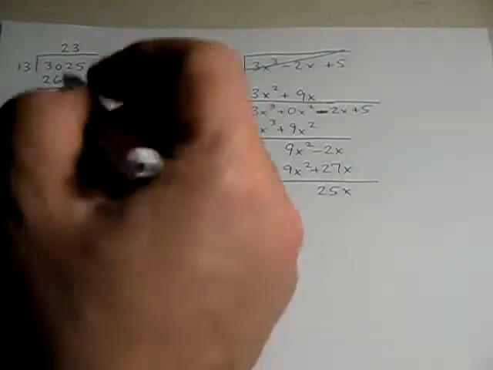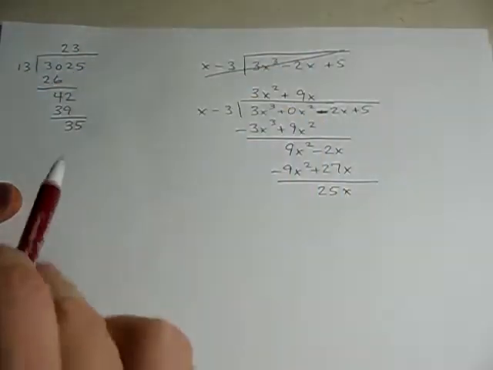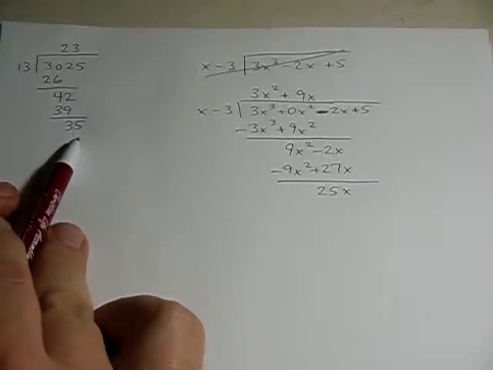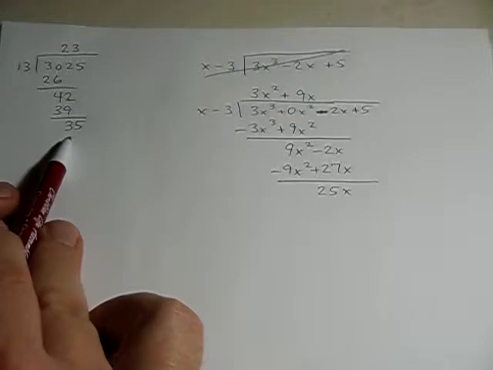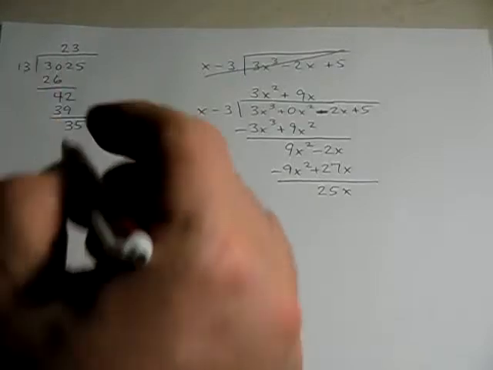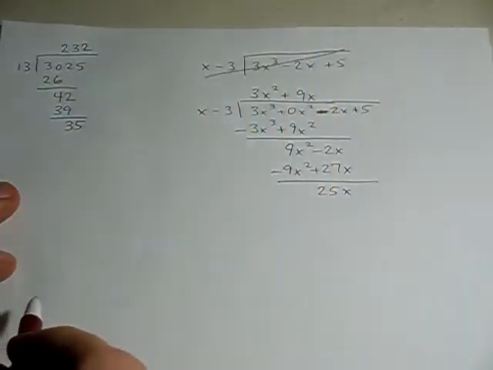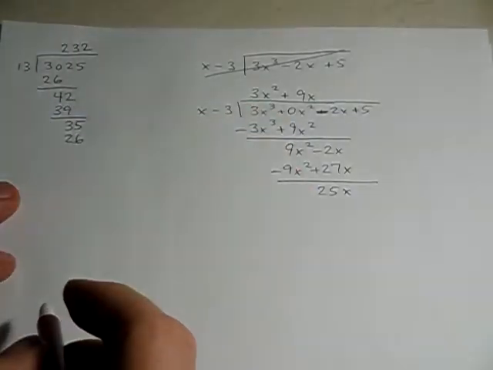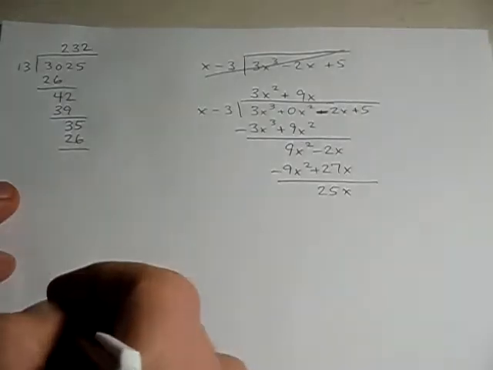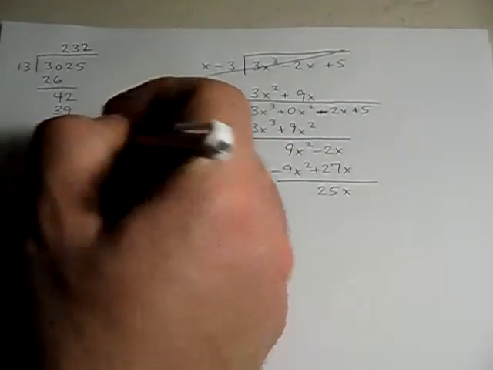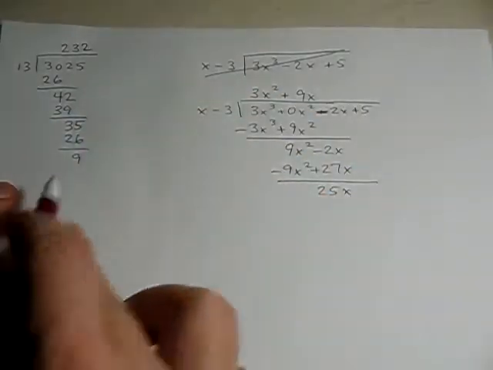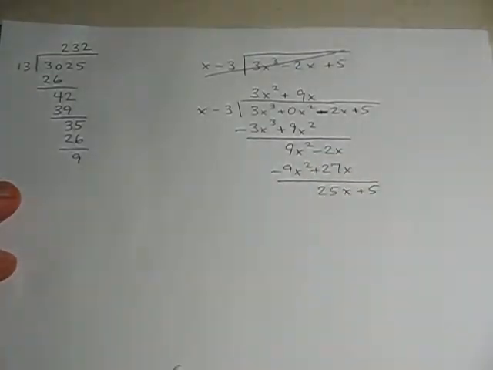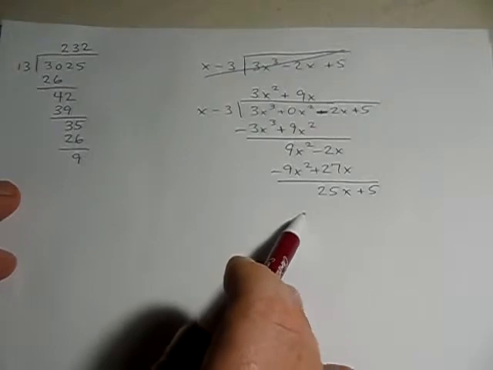So again, bring down the next term, which in this numeric problem is a 5, and then divide, multiply, and subtract. So divide, 35 divided by 13 is 2, multiply, 2 times 13 is 26, and then finally subtract. 35 minus 26 is 9. Over here, bring down the next term, which is 5, and then divide, multiply, and subtract.